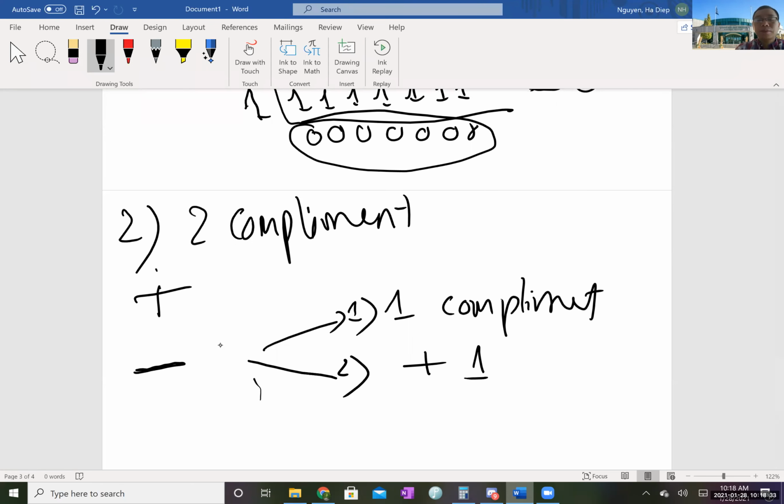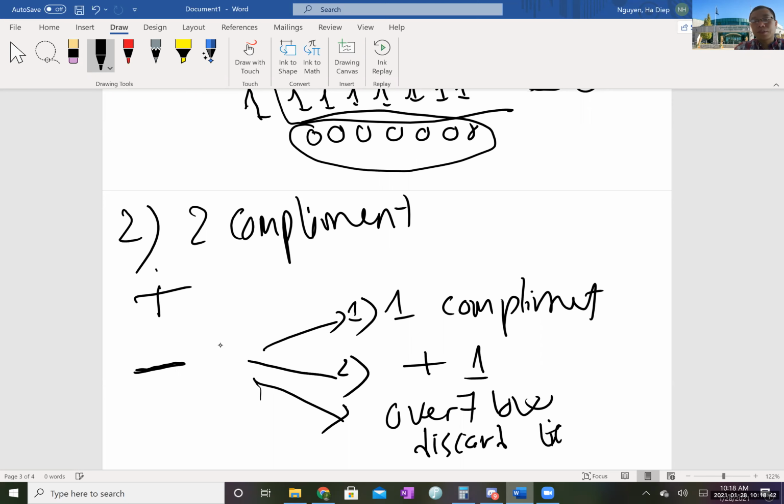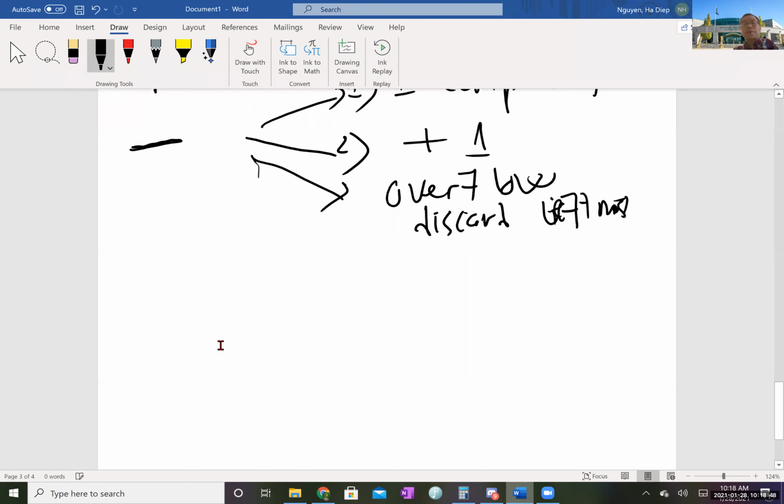And third, if you have an overflow, you just discard the leftmost bit. Okay, so now let's see how it works with two's complement here.